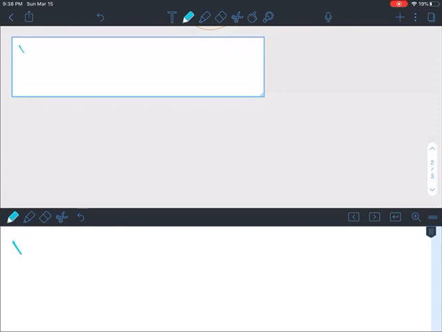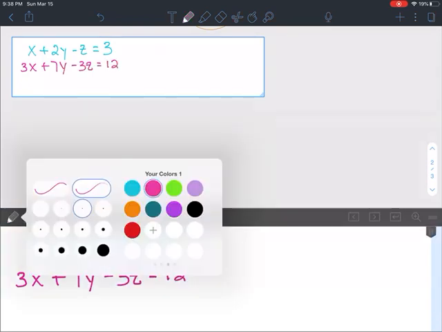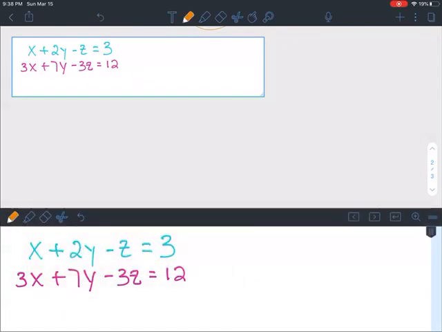So our problem is x plus 2y minus z equals 3. 3x plus 7y minus 3z equals 12.